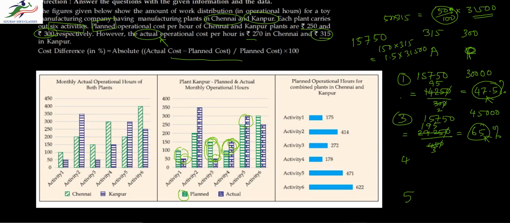31500. So 1.5 times means 1.5 times. So that would be 31500, and to that we add 15,750. So straight away we get 47250.